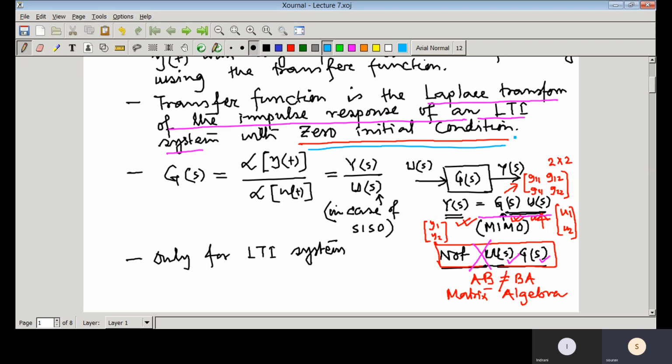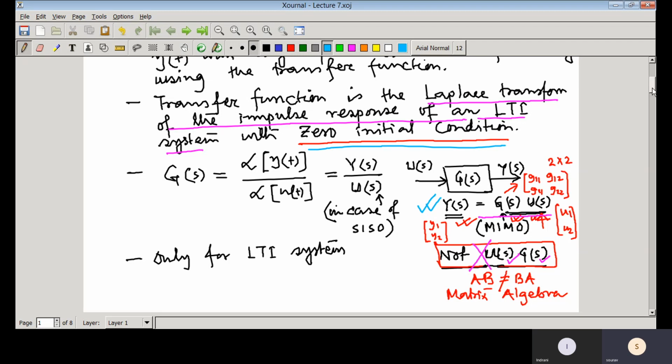But on the other hand, this modeling technique is very easy, as the description is in algebraic form, so you can do all sorts of algebraic operations between input and output, which I will discuss in detail today.